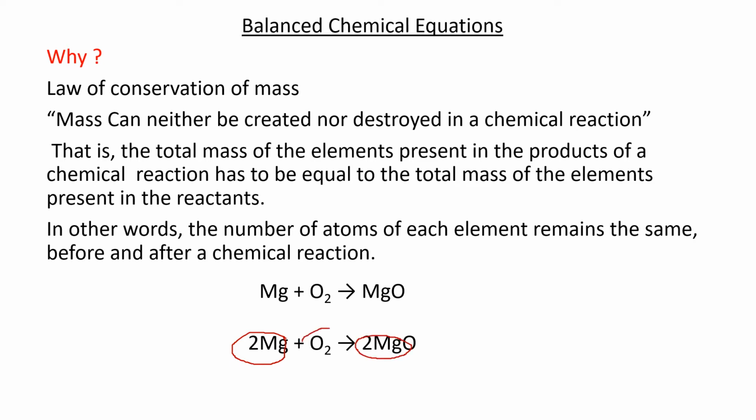For oxygen, again you have 2 atoms of oxygen here, and this 2 is for both magnesium and oxygen. So you have 2 Mg here, 2 Mg, 2 O here and 2 O here. So this is the balanced equation.